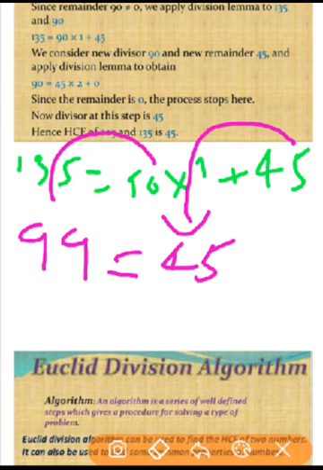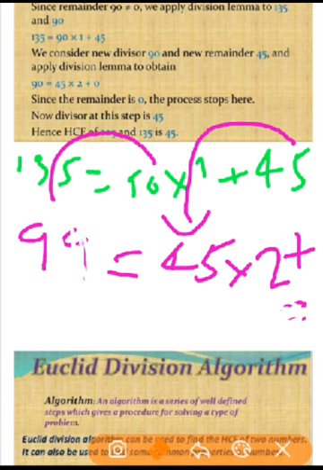And then 45 multiplied by 2. 45 multiplied by 2 is 90, and the remainder will be 0. Here 0 is here. This is 90.